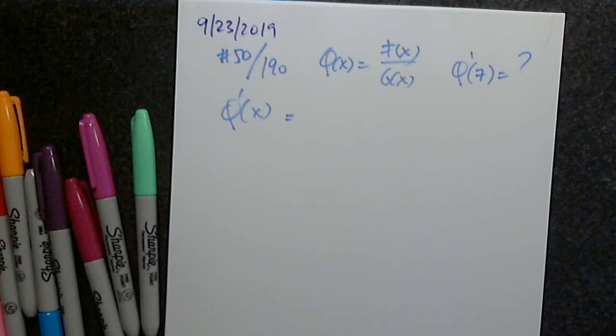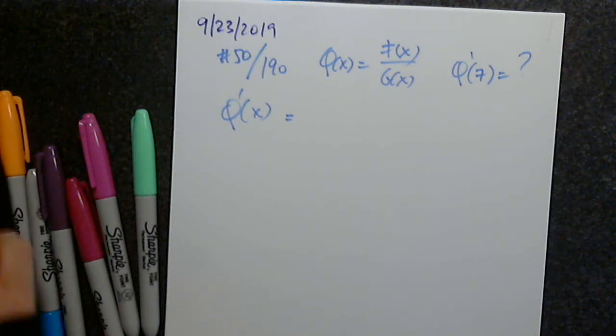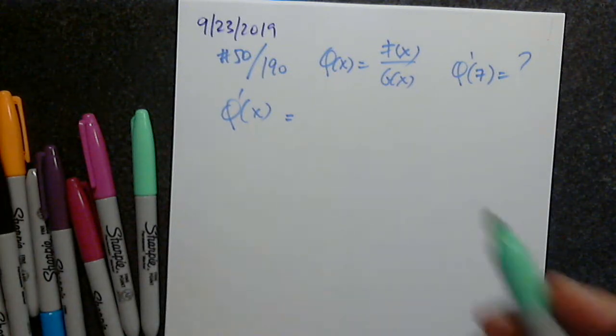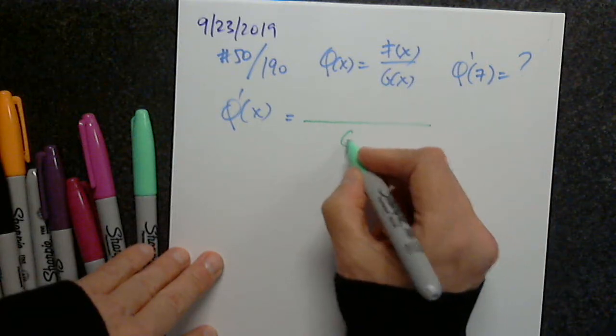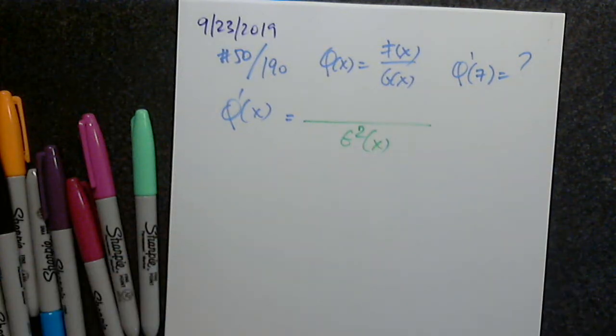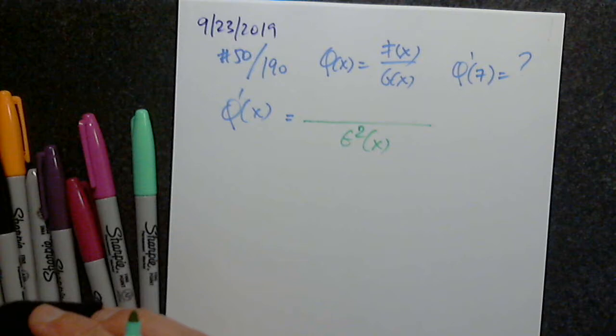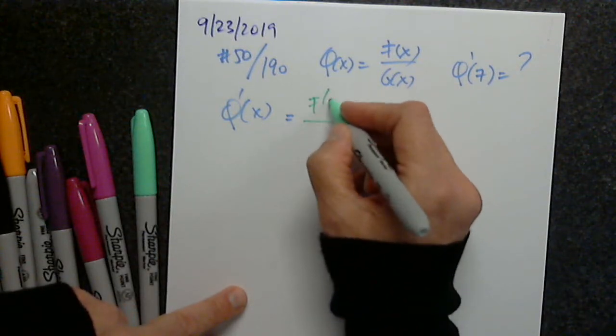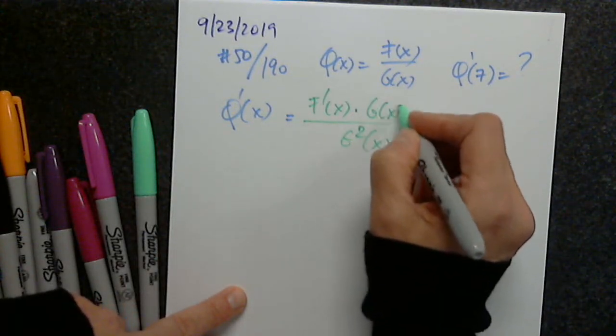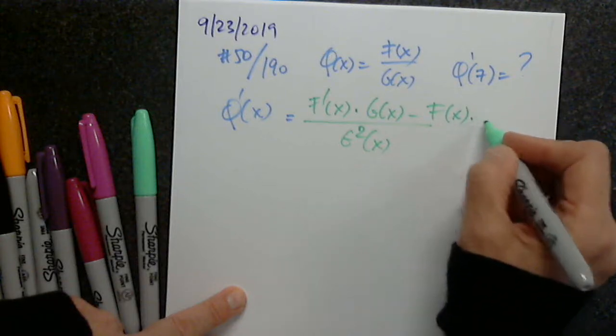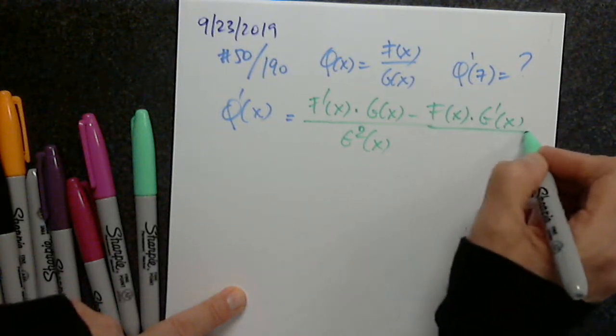So how do I differentiate a ratio? If you like to use my method, use it. If you don't like to use my method, use the method from the book or any other method. So the top prime times the denominator minus the top times the denominator prime.